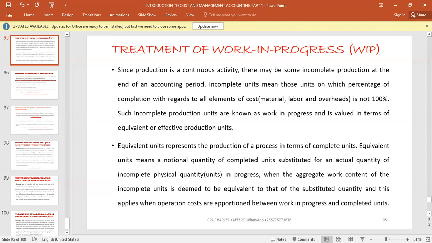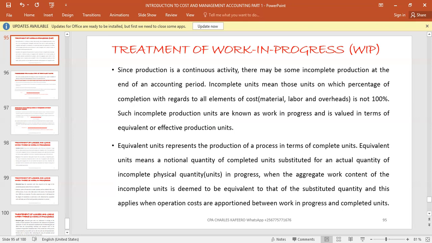But here we are saying that these incomplete units, those elements of cost, are not 100% complete. We have the units that are completed, but we have those ones that are not completed. When they are not completed, the percentage of completion of those work in progress is different depending on the elements of cost.